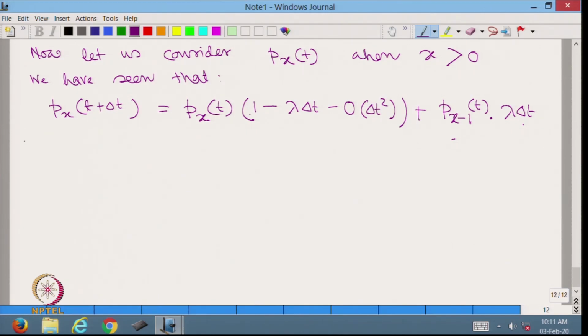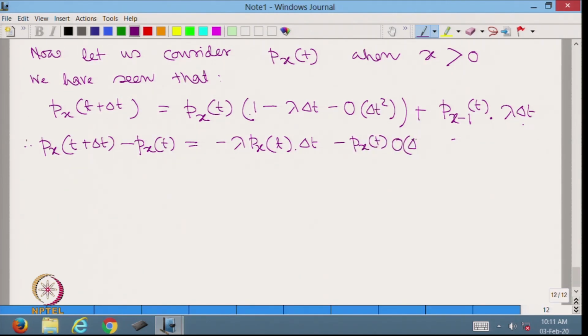This we have already seen. Therefore, Px of t plus delta t minus Px t is equal to minus lambda Px t into delta t minus Px t big O of delta t square plus Px minus 1 t into lambda delta t.